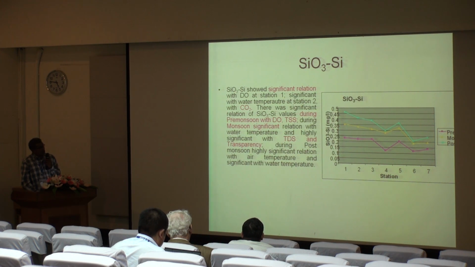During pre-monsoon there was a significant relation of silicate with DO and TSS, and during monsoon with water temperature, TDS and transparency. In post-monsoon there is a significant relation of air temperature and water temperature with the silicates.